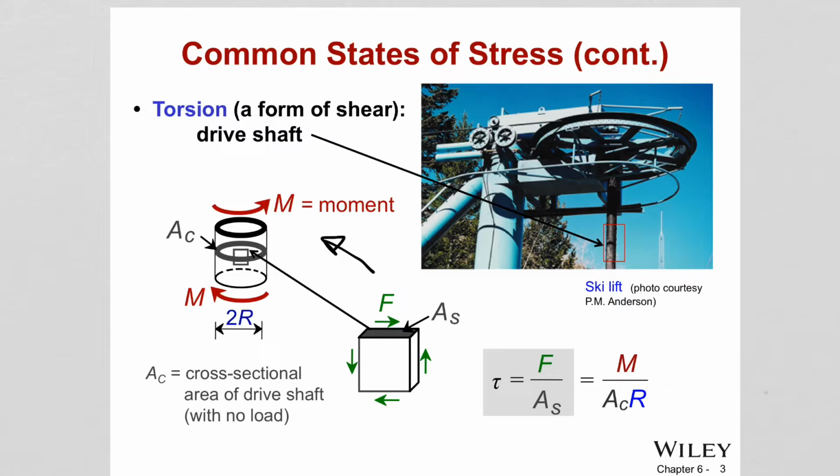Here we are seeing torques, and the cross-sectional diameter is 2r. The cross-sectional area is A C.